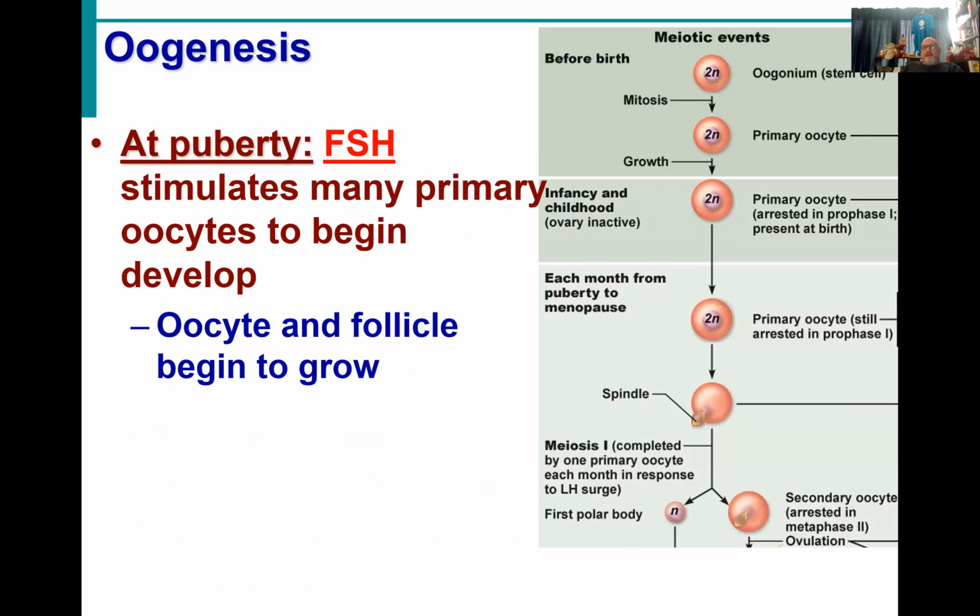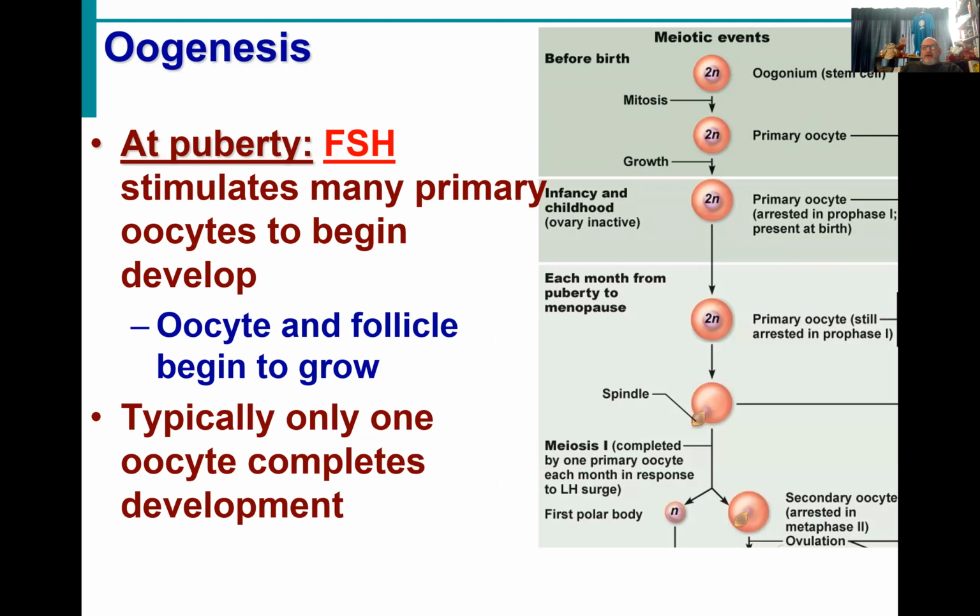At puberty, follicle stimulating hormone stimulates many of these oocytes to start the developmental process, causing the follicle to grow. We'll talk about the ovarian cycle in just a minute. And typically one completes the oocyte developmental process. That developmental process involves that uneven division.